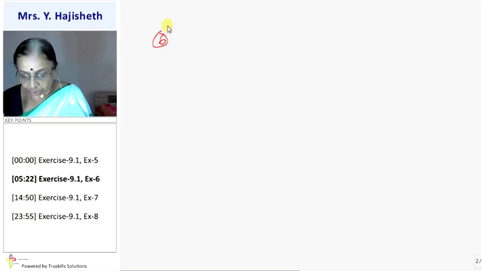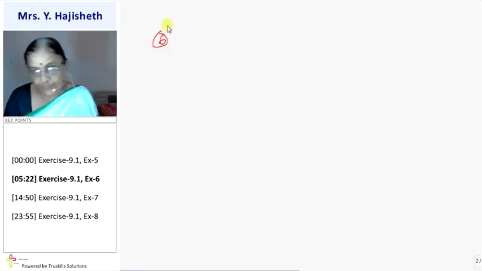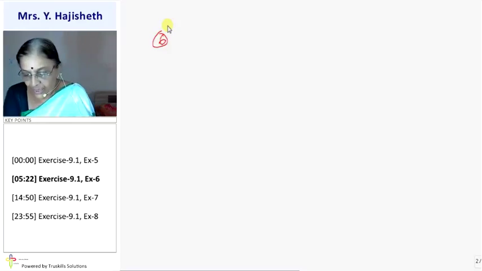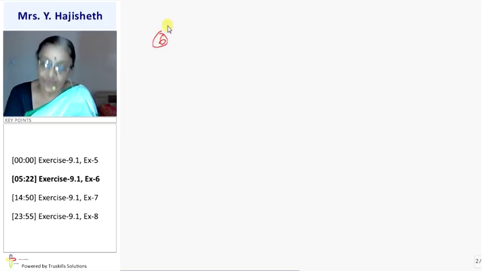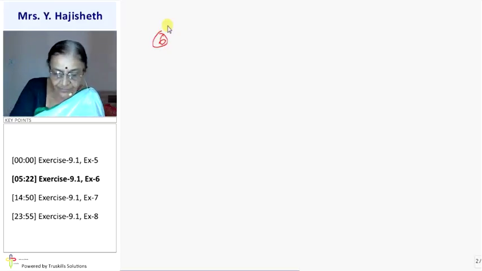Okay, the angle of elevation from his eyes to the top of the building increases from 30 degree to 60 degree as he walks towards the building. Find the distance he walked towards the building. So do you understand what is the question?